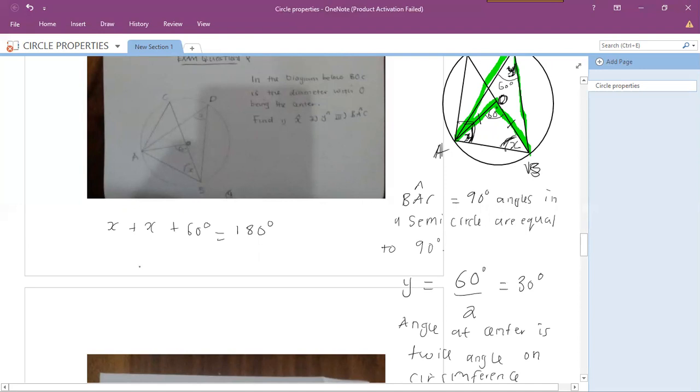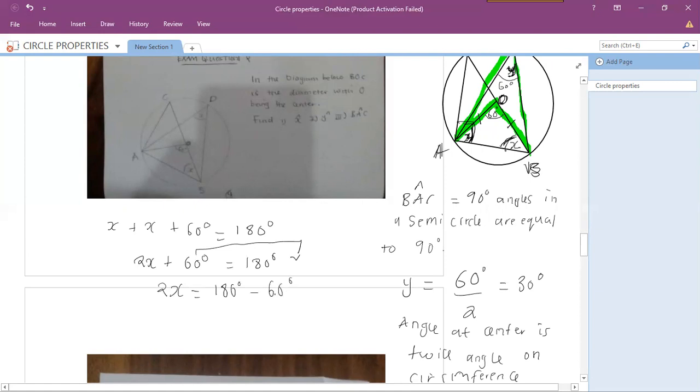So this is now algebra. This will be 2x plus 60 degrees is equivalent to 180 degrees. The 60 crosses the equal sign and becomes a negative. So 2x is equivalent to 180 degrees minus 60 degrees.